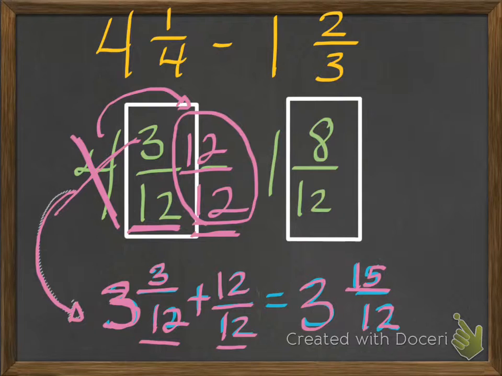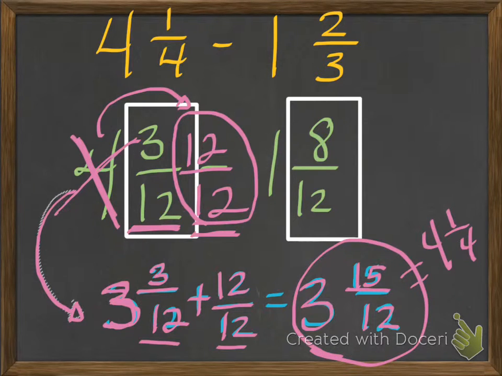Now, what that means is that 3 and 15/12 equals the same amount as 4 1/4. They equal the exact same amount. They are the same amount even though they're different mixed numbers. Okay? Now that I have 3 and 15/12, I can start to solve the problem.